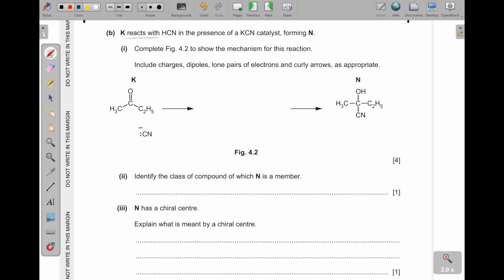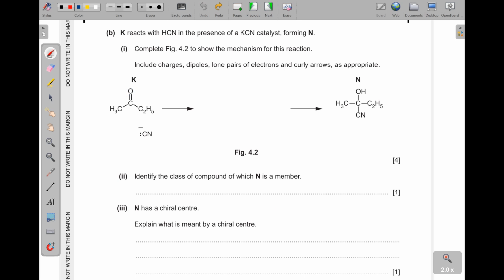Part B: K reacts with hydrogen cyanide in the presence of potassium cyanide catalyst forming N. Complete figure 4.2 to show the mechanism for this reaction. Include charges, dipoles, lone pairs of electrons, and curly arrows as appropriate. So what we are going to have here: oxygen is more electronegative compared to carbon.